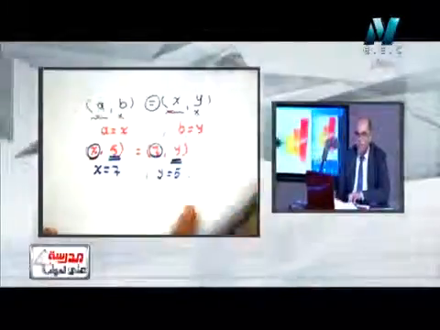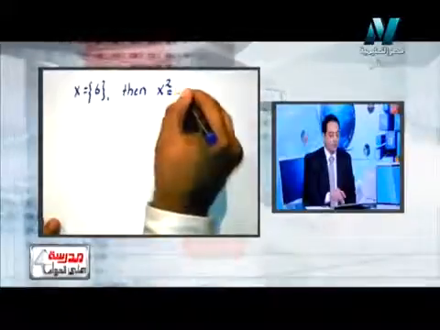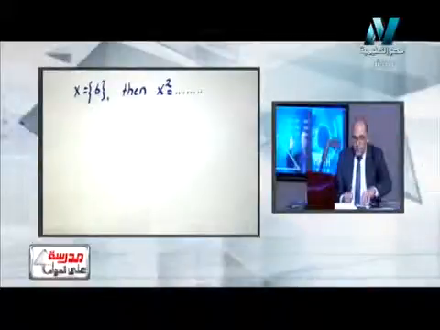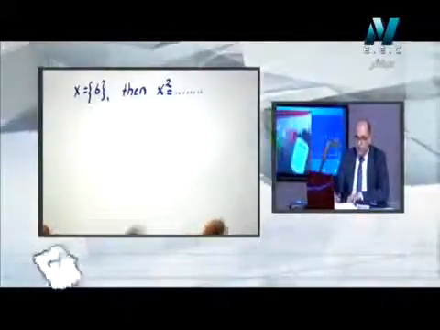All right. If X equals the set of 6, then X squared equals what? We have a big difference between X squared and n(X squared).